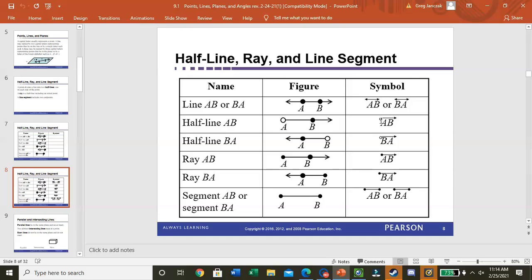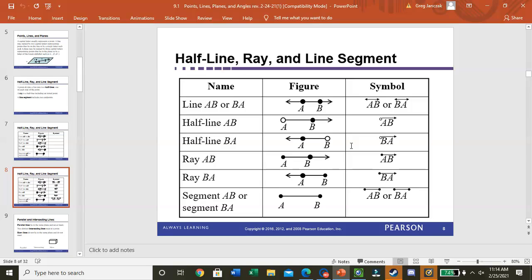And so for a half line, the symbol is a circle on one end and an arrow on the other. Okay, and then this next one is a half line going the other way. When you annotate it, you put the endpoint first.